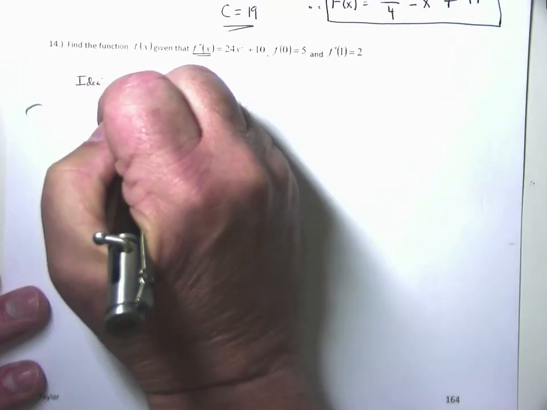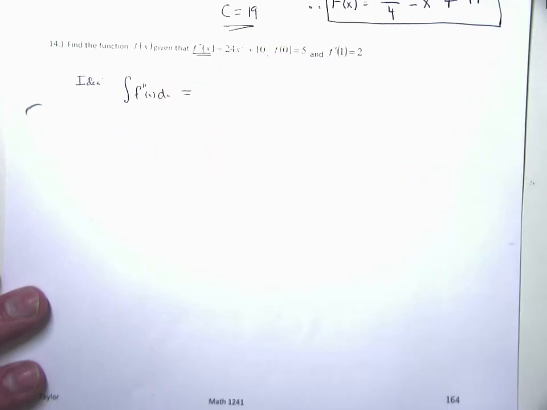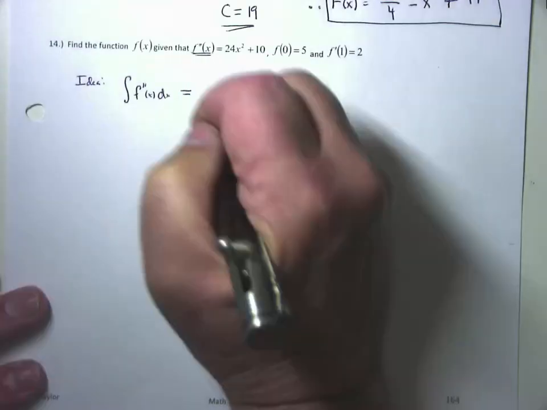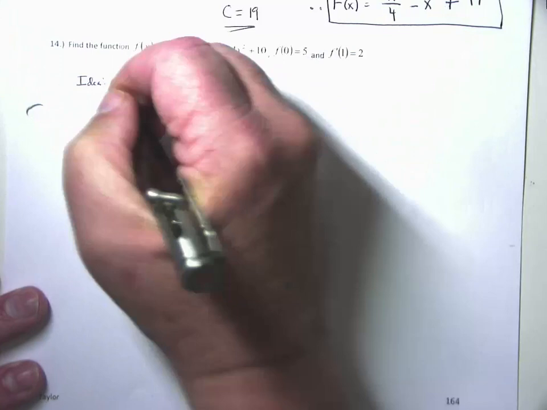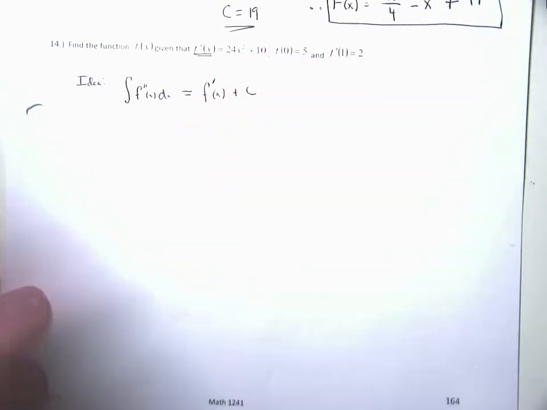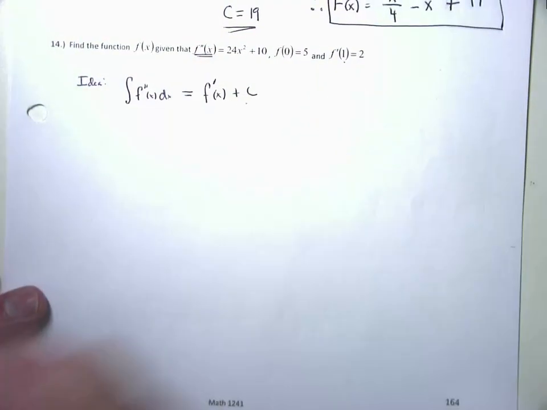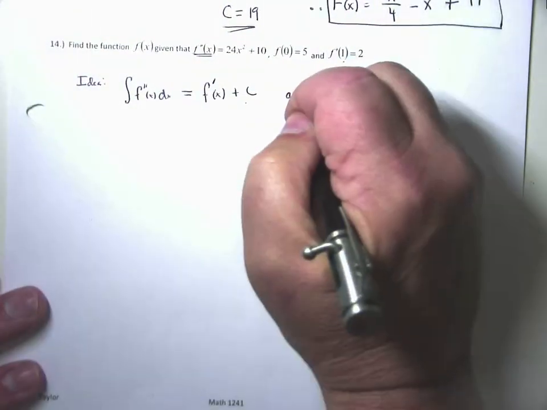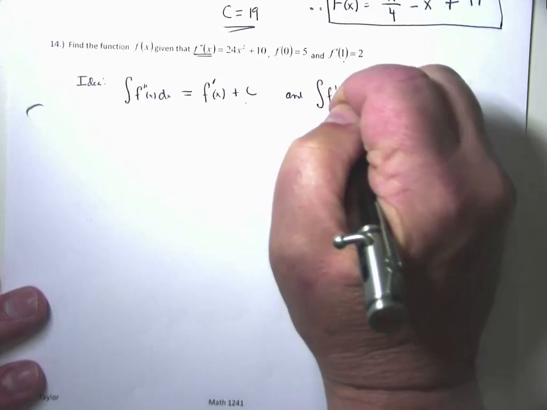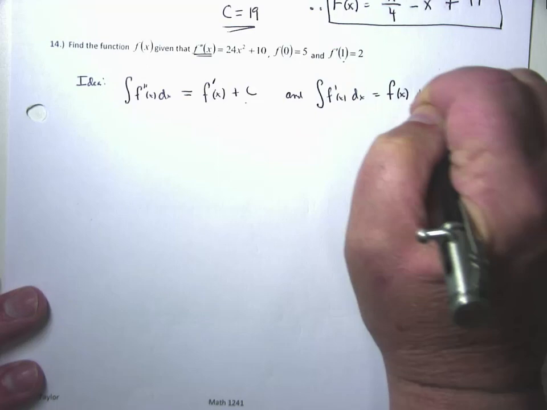When I integrate f double prime of x dx, you know what you get? When you integrate, it gets rid of one of your derivatives, you still have one derivative left over, plus c, of course. And this initial condition will help me figure out the c here. And then you have to integrate f prime of x dx so you can get to the original function plus c.